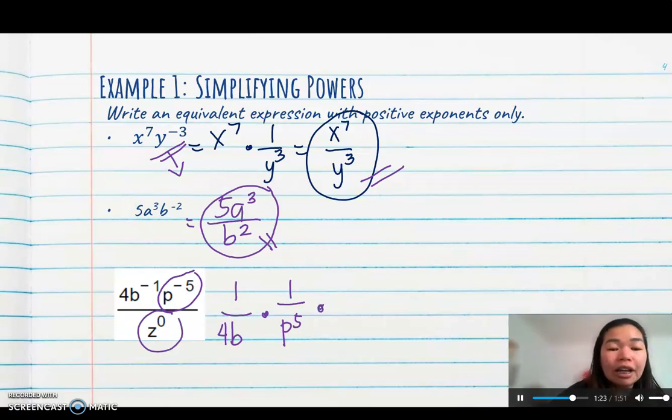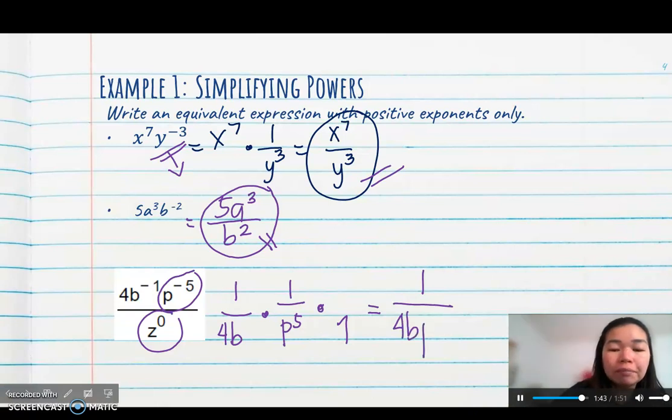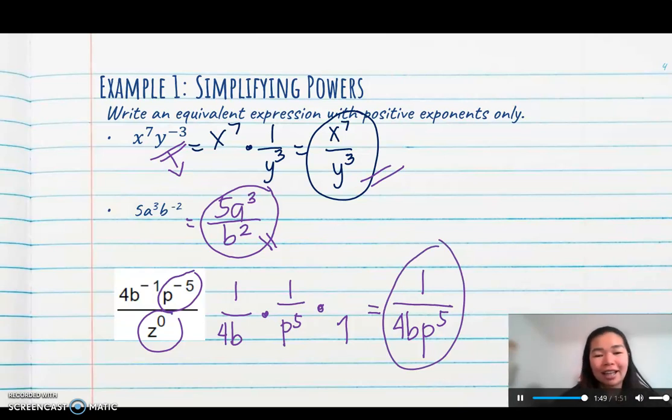And then z raised to the power of 0 will be equal to 1. Let us put it in the denominator. So, let us now multiply all the numerators. So 1 times 1 is 1. Multiply all the denominators. We have 4b times p to the 5th power times 1, and this will be our final answer.